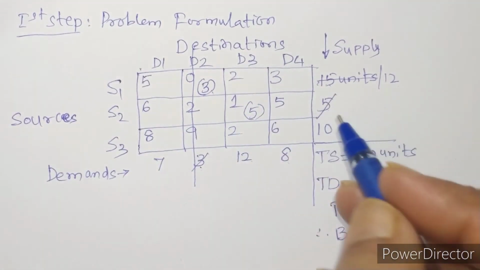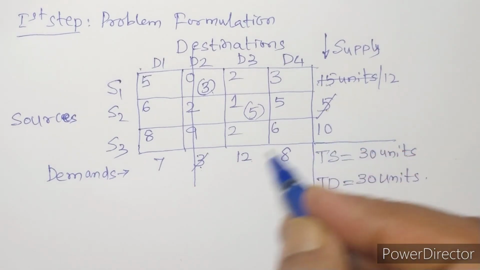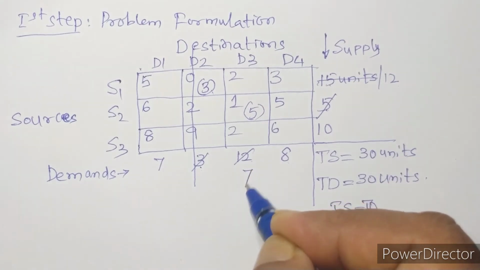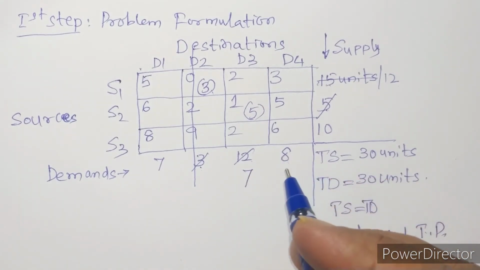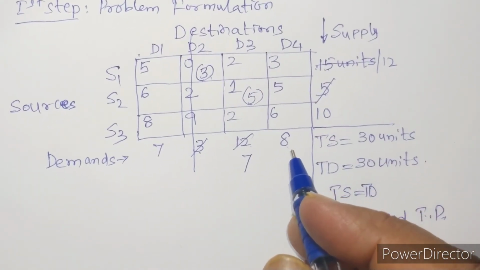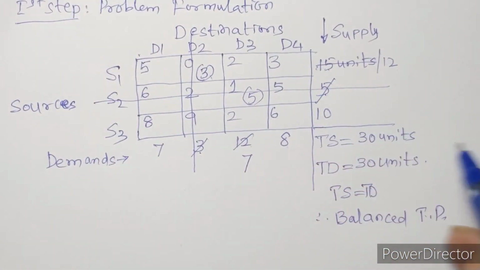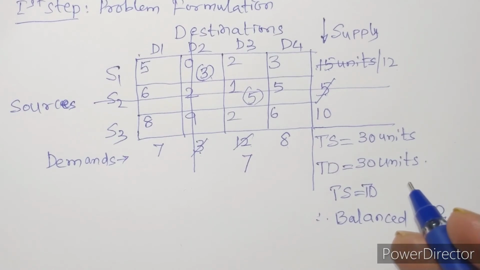Now the 5 units of total supply at S2 are exhausted, and out of 12 units, 7 units of demand are still remaining. Now you can remove the row. Just draw a line through either the row or column where the units are exhausted to indicate that the row or column is removed from the matrix.